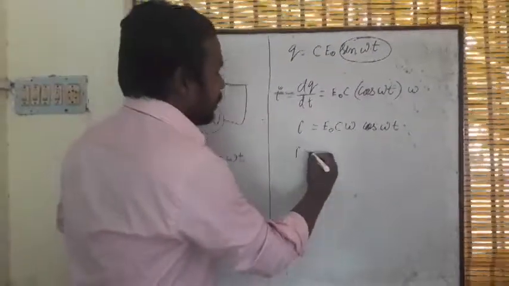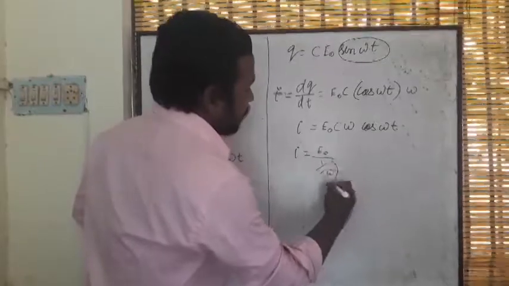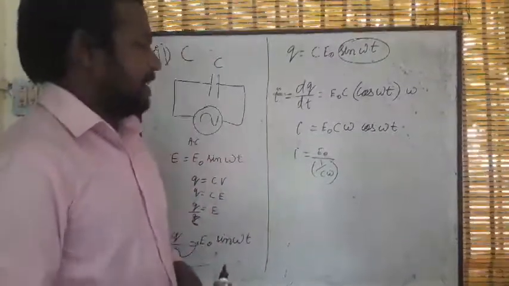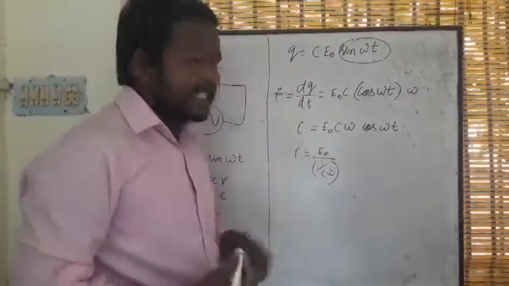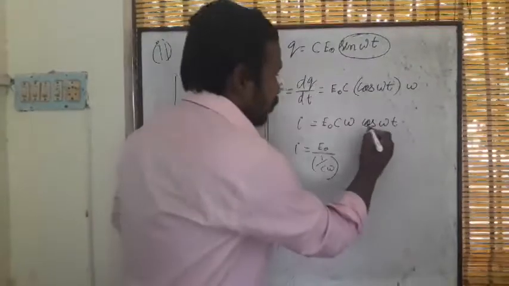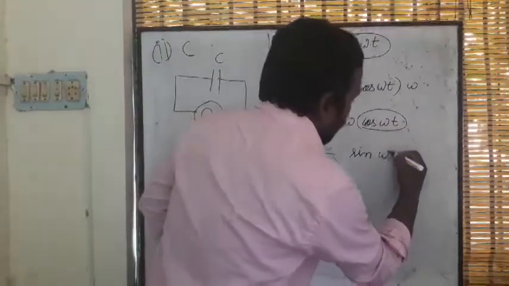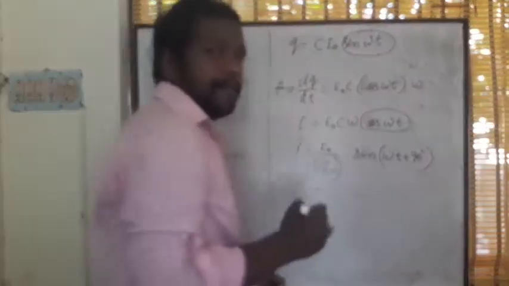So I is equal to E naught divided by 1 divided by C omega. I am taking C omega as the denominator, because when we bring the numerator term to the denominator, we have to take its reciprocal. Also, instead of writing cos theta, we can write sin omega t plus 90 degree, or pi by 2.